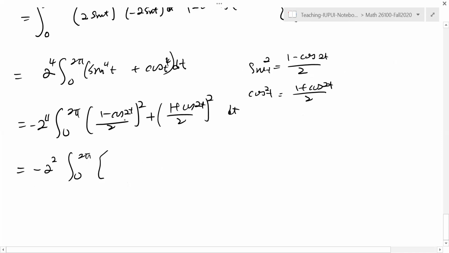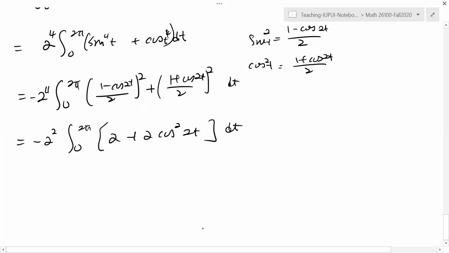And I have 1 squared plus cosine squared 2t, and here's another one. If you do the computation quickly, I get 2 plus 2 cosine squared 2t, and the dt.